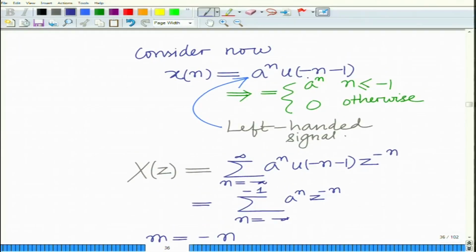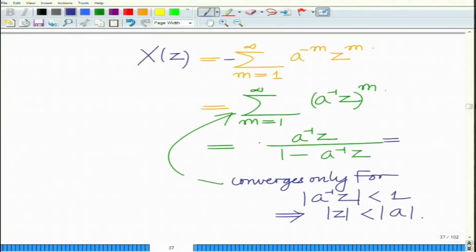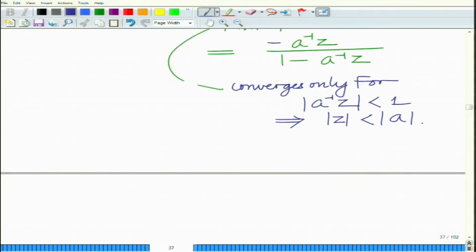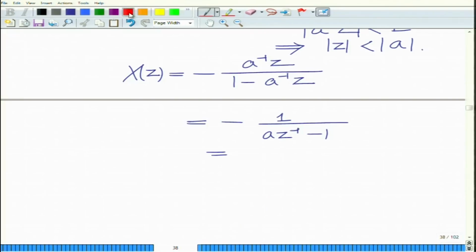Let us consider this signal minus a raised to n u[-n-1]. So, I will have a minus sign everywhere, and if you simplify this, you will have X(z) equals minus a inverse z by 1 minus a inverse z, which is equal to minus 1 divided by a z inverse minus 1, which is equal to 1 by 1 minus a z inverse.